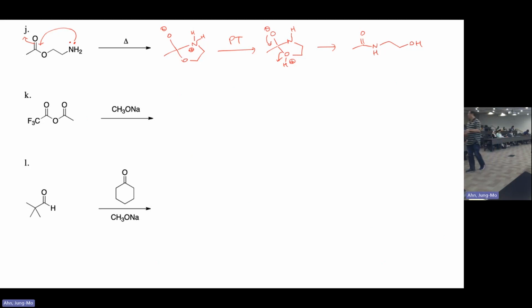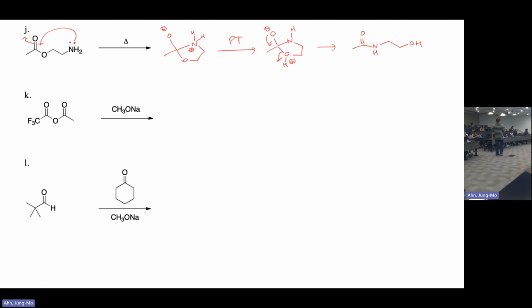The next question is somewhat analogous to the previous question I asked you, right? We've got the anhydride here, but a different, asymmetric anhydride. These are CF3, three fluorines, which make it more electron withdrawing compared to the methyl group. So this carbonyl is more electron deficient.